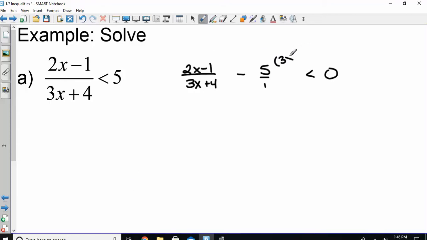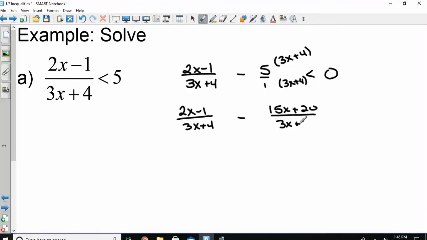To get a common denominator, you multiply by 3x plus 4 on top and bottom. Distribute your negative. So we get a negative 13x minus 21, where 3x plus 4 is less than 0.